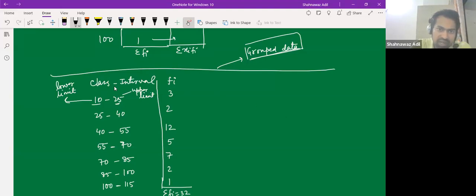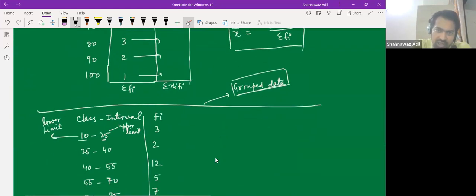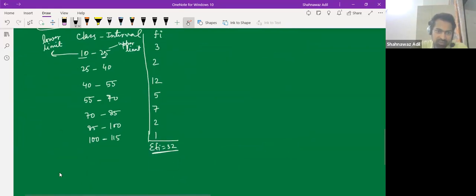We don't have a xi, right? We don't have xi. So this part is represented, in a grouped data, by the class mark. So class mark xi in grouped data.